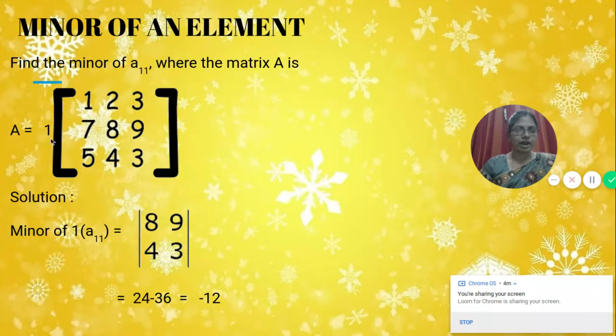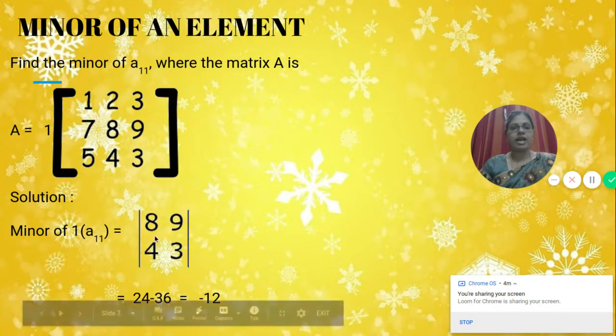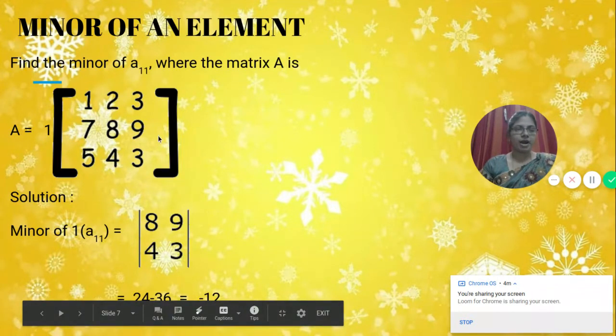So I cancel the first row and the first column because 1 lies in the first row and first column. The remaining elements are taken to calculate the minor. I have taken 8, 9, 4 and 3, the remaining elements. So 8 3s are 24 minus 9 4s are 36, that is equal to minus 12.